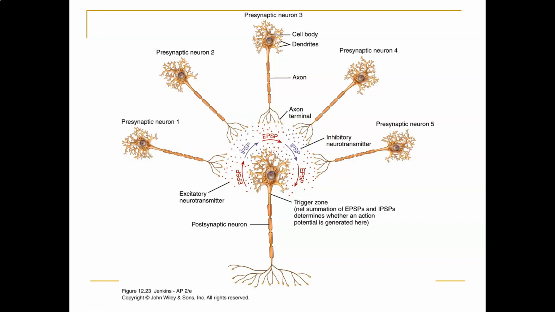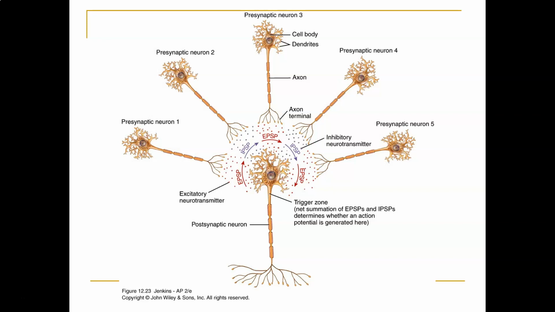Well, it can be, if you send action potentials down a bunch of different presynaptic neurons at the same time, you can have both EPSPs and IPSPs at the same time traveling down different dendrites, all going to the trigger zone of the axon. And when they get there, they summate. Summate means they add and subtract from each other.